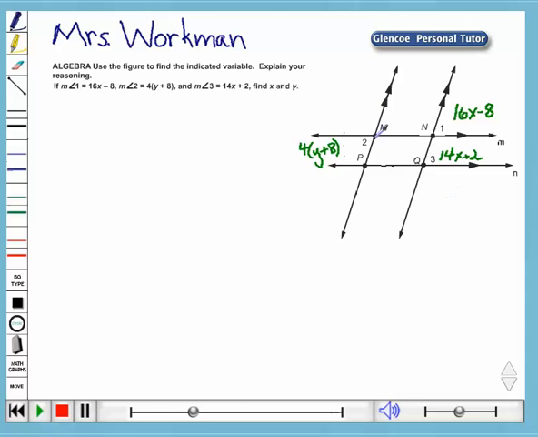Well, because line M and line N are parallel, and they are cut by this transversal, I know that the measure of angle 1 is equal to the measure of angle 3. In other words, I know that angle 1 is congruent to angle 3 by the corresponding angle postulate.